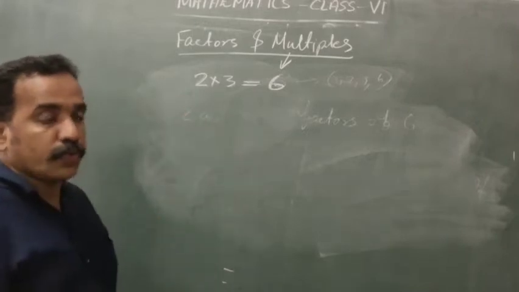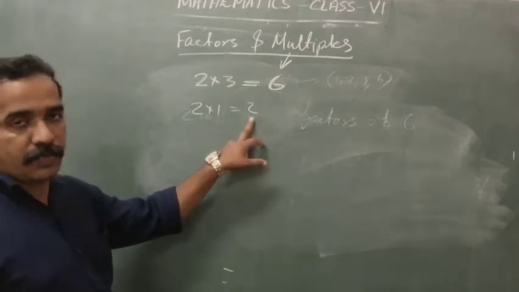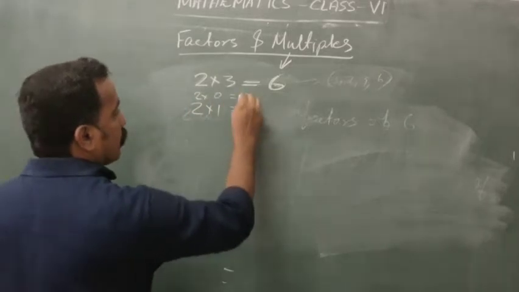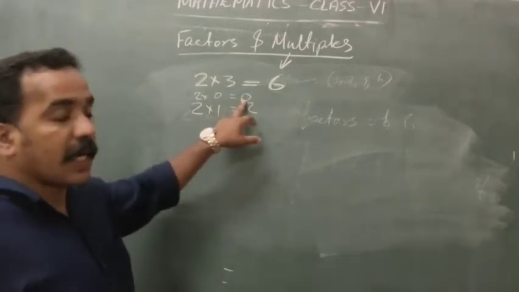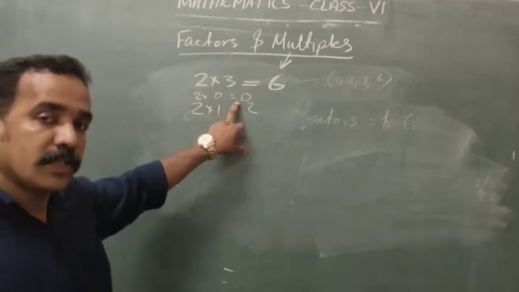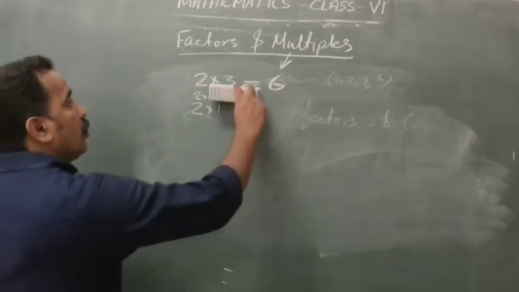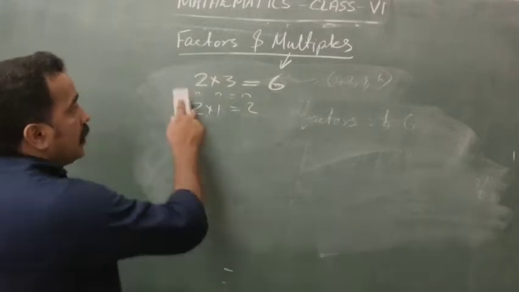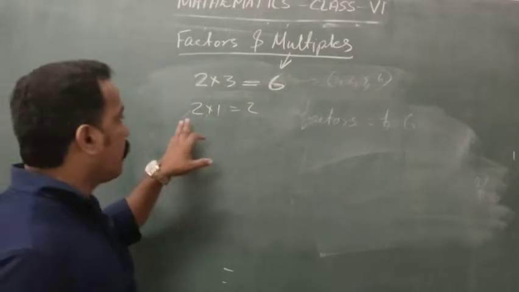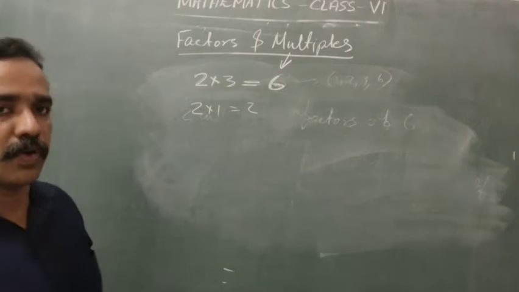Multiples of 2 are 2 into 1 is equal to 2, so 2 is a multiple of 2. 2 into 0 is equal to 0, so we can say that 0 is a multiple of every number. But we are not considering that 0 in this case. We are considering the least multiple of a number as the first multiple, other than 0.